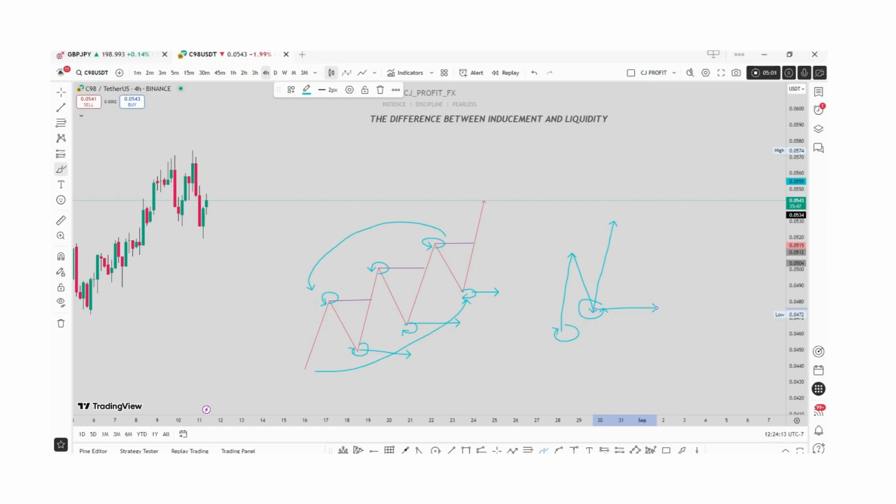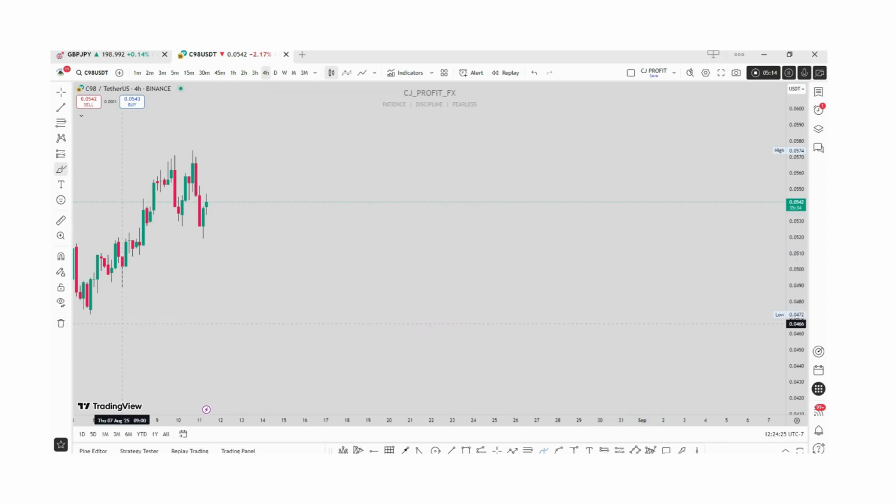But remember when I told you guys that every turning point of the market contains liquidity. So now let's move back. In my previous structure, where I have an uptrend and the market is creating a series of higher highs and higher lows, when the market moves, it takes out structure and creates inducement at the upside.